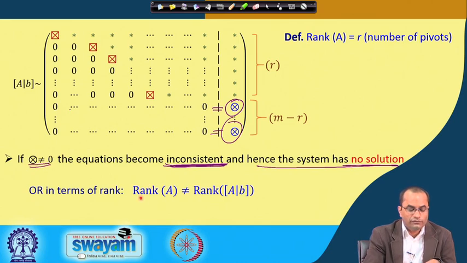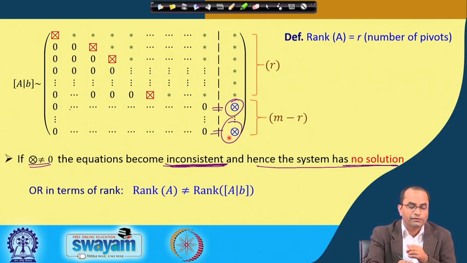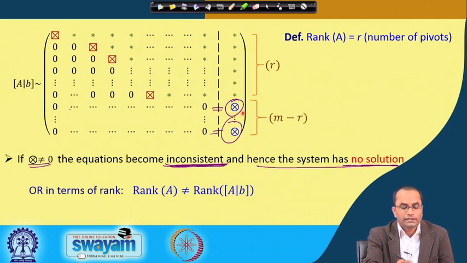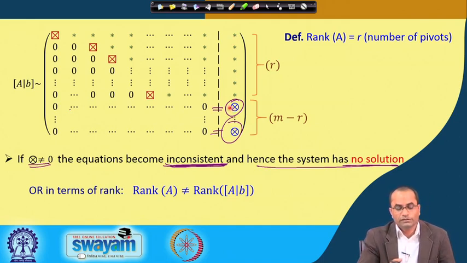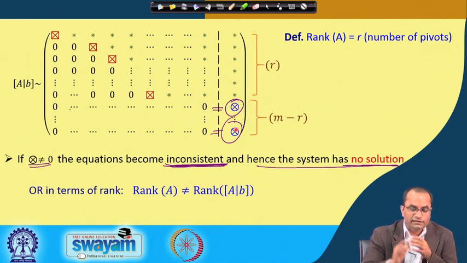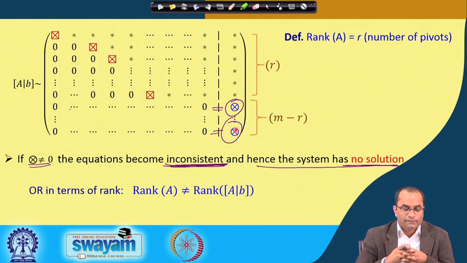So, if the rank of A and the rank of the augmented matrix are different, then we have inconsistency of the system. This will exactly happen when we have something non-zero corresponding to the 0 rows, then there will be a pivot element in the last column as well, or in other words we say that we have a pivot in the last column, and this is exactly the case of inconsistency. So, in many ways we can discuss this.